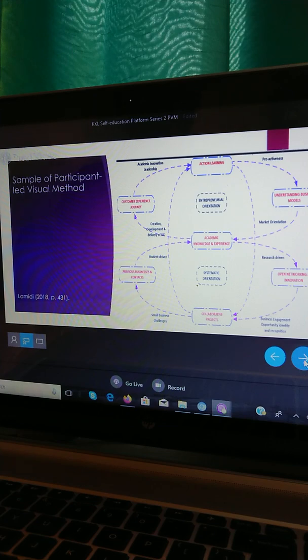If you go to my thesis, let me mention the title so that if you want to check it online: An Investigation into the Determinants and Characteristics of the Entrepreneurial University, Evidence from Entrepreneurial Universities in the UK. It's a doctoral thesis at the University of Huddersfield in the UK.